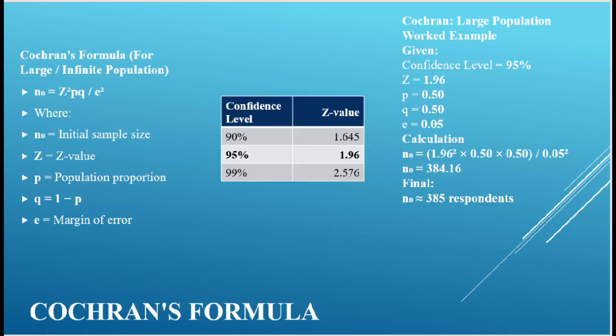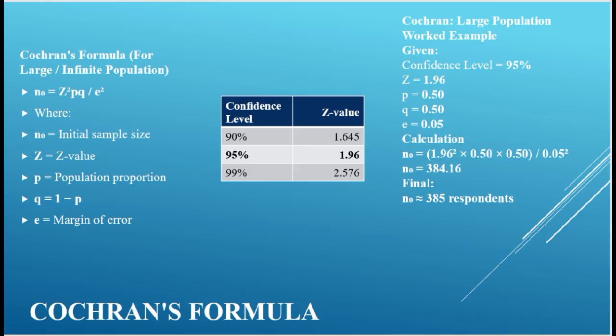Here, z represents the z value corresponding to the selected confidence level, as shown in the table. If the confidence level is 90%, the z value is 1.645. If the confidence level is 95%, the z value is 1.96. If it is 99%, the z value is 2.576. For example, at a 95% confidence level, z is 1.96.